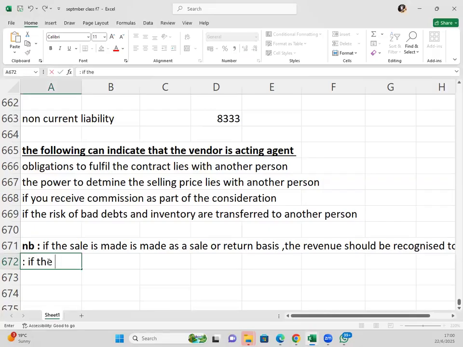If the standalone prices are not there, the firm can estimate.